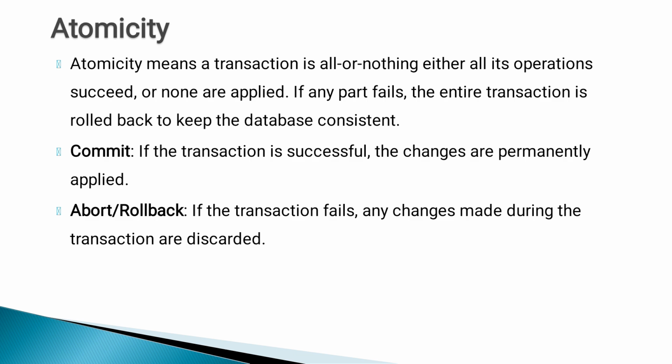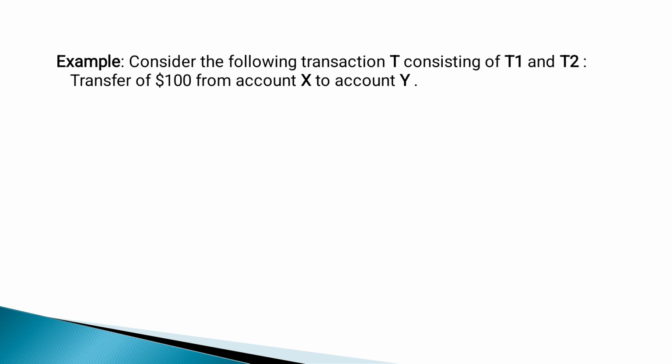Next, abort or rollback operation. If any failure occurs while the execution happens, it fails or rolls back. Rollback means it comes back to the starting state of the execution and executes completely.